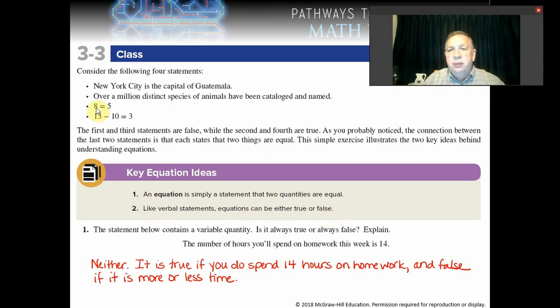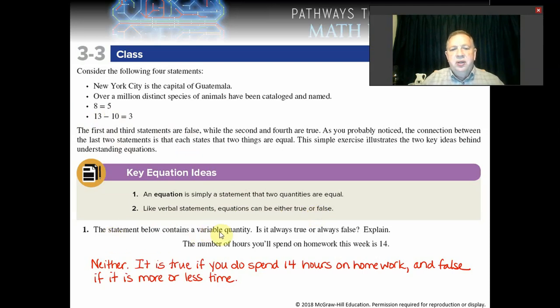Like this one, I simply put 8 is equal to 5. I have a statement on the left, a statement on the right, but they're clearly not equal, so this statement is false. We mainly spend time in mathematics working with things where these are true. Left side is equal to the right side, and it's true. But like verbal statements, equations can be either true or false.